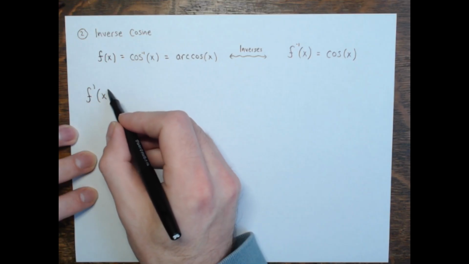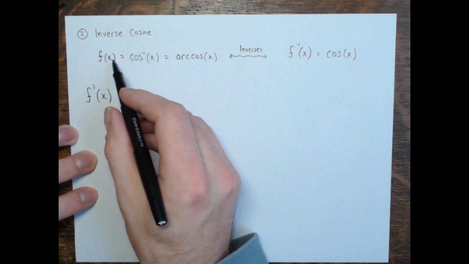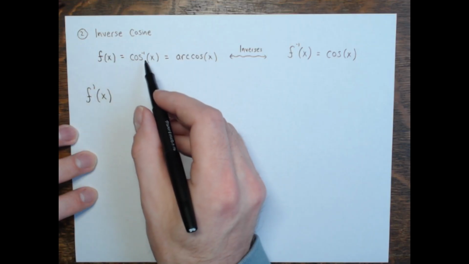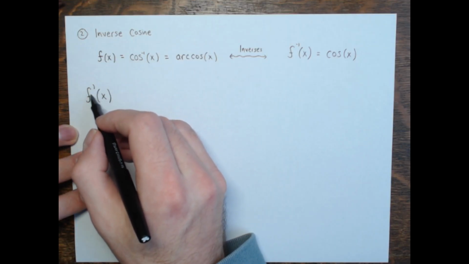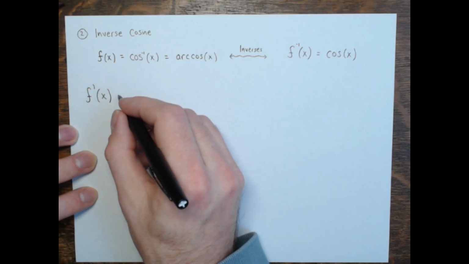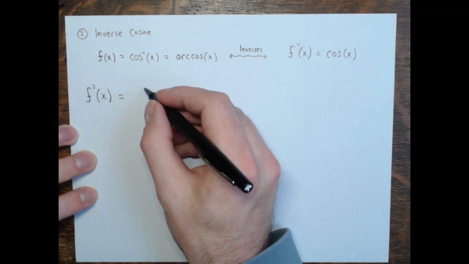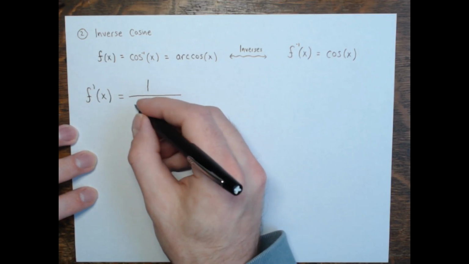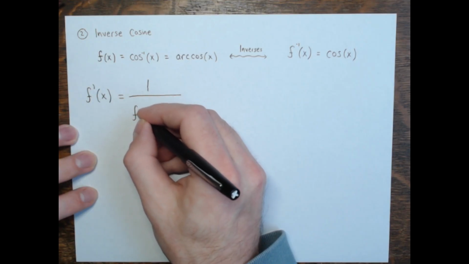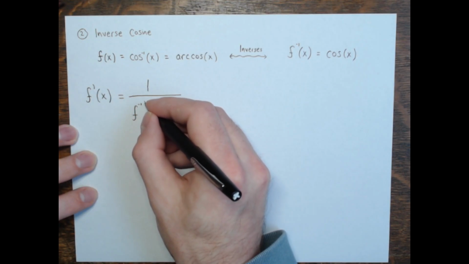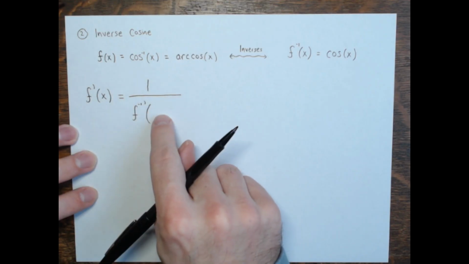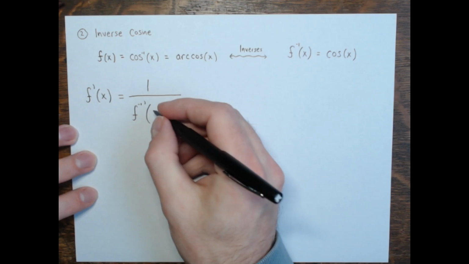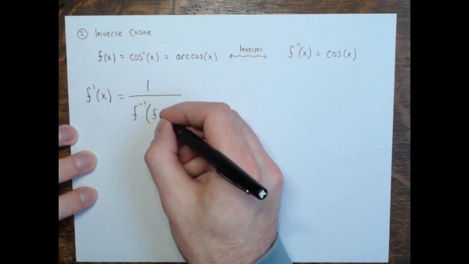The derivative of one function, the one I want, the derivative of this inverse cosine function that I called f. So f prime should be equivalent to the reciprocal of, 1 over the derivative of its inverse, f inverse prime, with the original f put inside that.